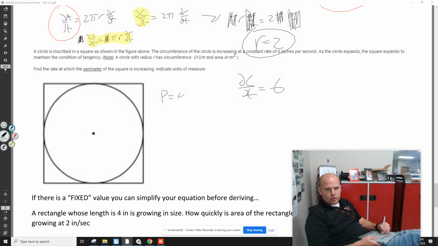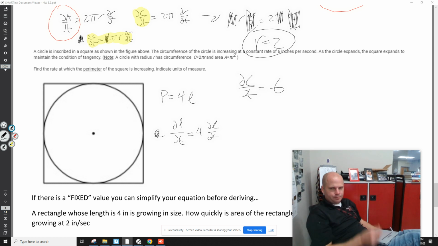Well, the perimeter of a square is 4 of my lengths. These are L's. So dP/dt equals 4 dL/dt.